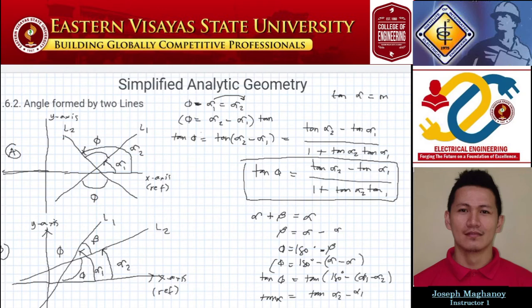Correction, this is your alpha 1 and this is your alpha 2. So transpose: alpha 2 minus alpha 1. Okay, this is correct.